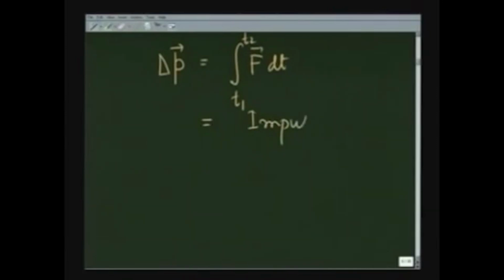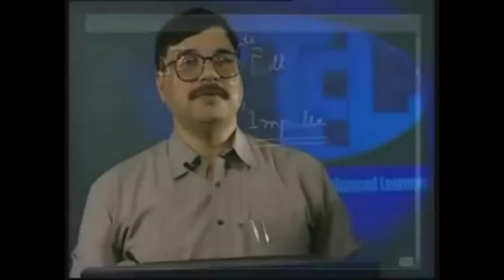So in these situations, it's much better to talk about the net change in momentum, which is really the integral of F dt from time t1 to t2, and I call this an impulse. Again, a quantity which is related to the net change in the momentum of the particle.